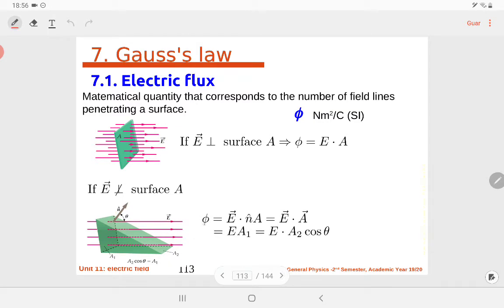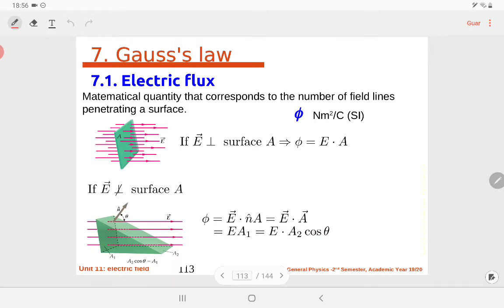So you can say that the total flux across the surface A2 is going to be the same as the electric field times the surface area of A1, which is the electric field times A2 cosine theta.